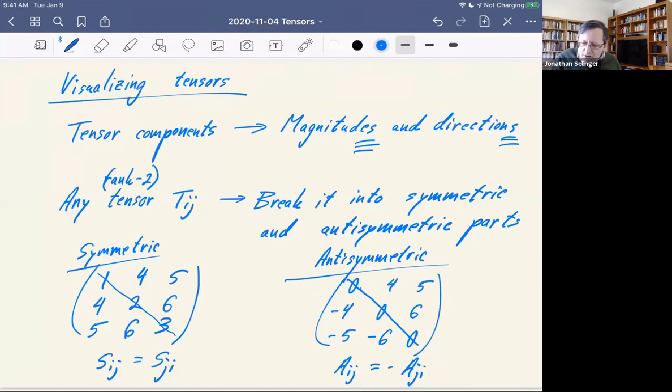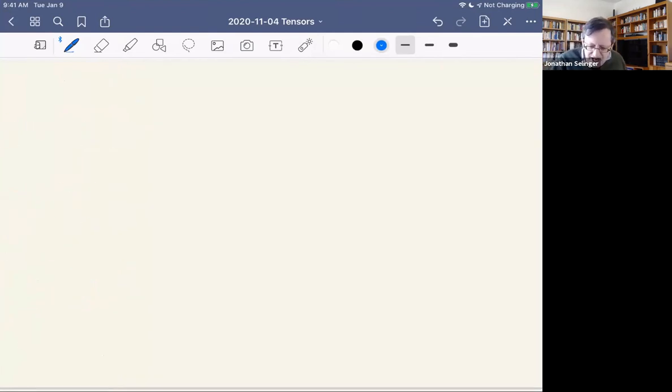Now, what if you have any old tensor Tij that is neither symmetric nor anti-symmetric? Well, the claim is you can break it into a symmetric piece plus an anti-symmetric piece. And this is actually not difficult.